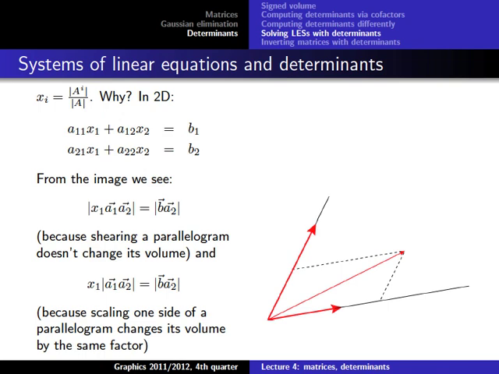And so the interesting question is, of course, why is that the case? I will only show this for the two-dimensional case, where we have a 2 by 2 matrix. We said that we can interpret a linear equation system such that each equation represents a line and the solution represents the intersection of the two lines.